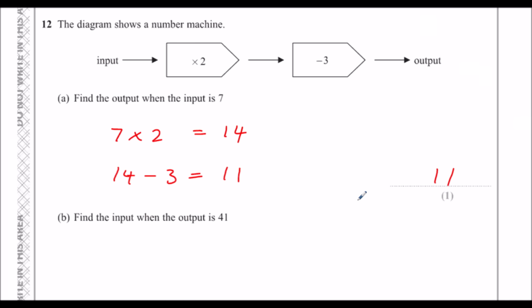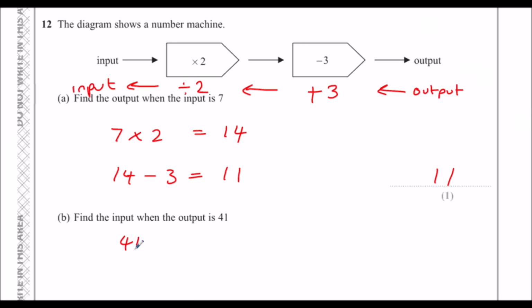Part B, find the input when the output is 41. So if we're going to go backwards, we need to do the opposite operation. So going backwards from the output back to the input, we do the opposite of taking away 3, which is adding 3, and then we do the opposite of multiplying by 2, which is dividing by 2.